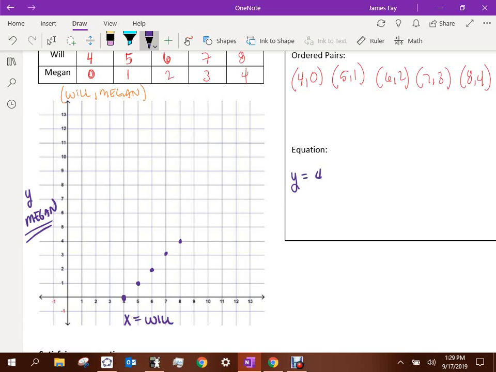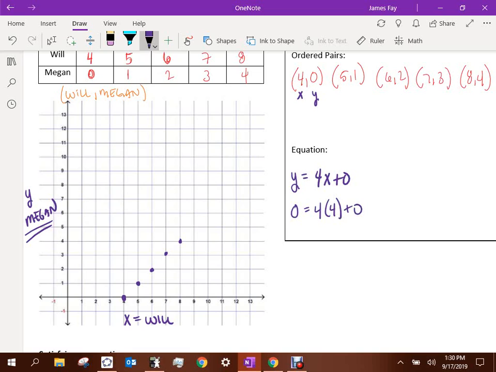Okay, so if I go 4x plus 0, let's see if this will work. Let's see if I plug in that x value and that y value, do I get a true statement? So is 0 equal to 4 times the x of 4 plus 0?